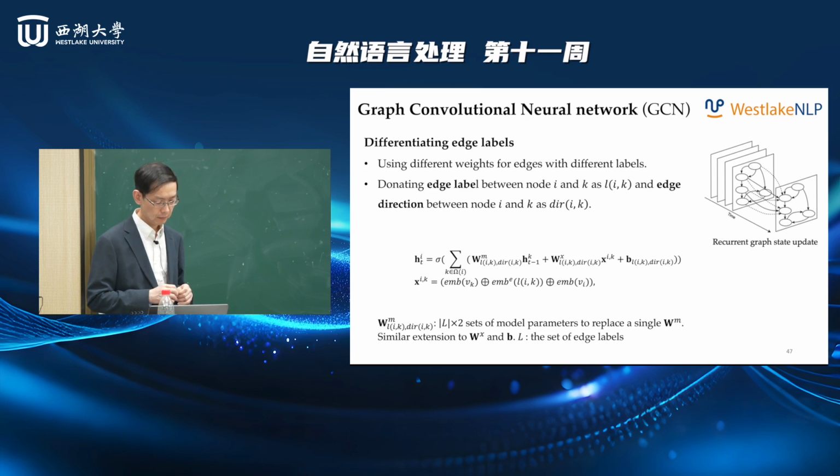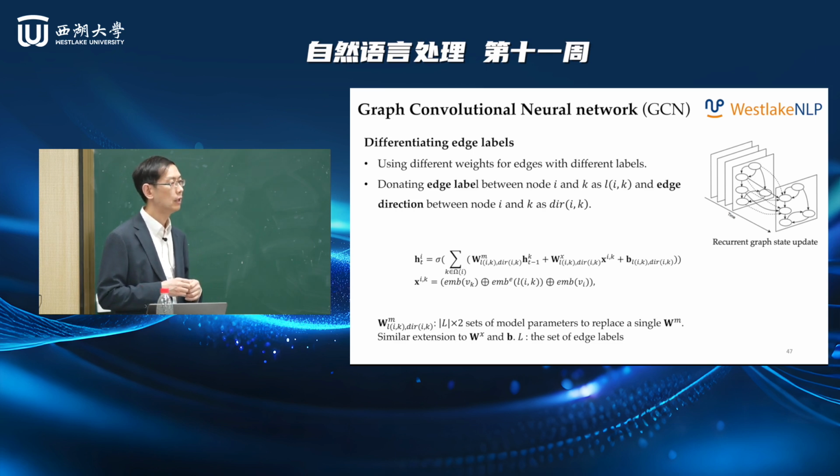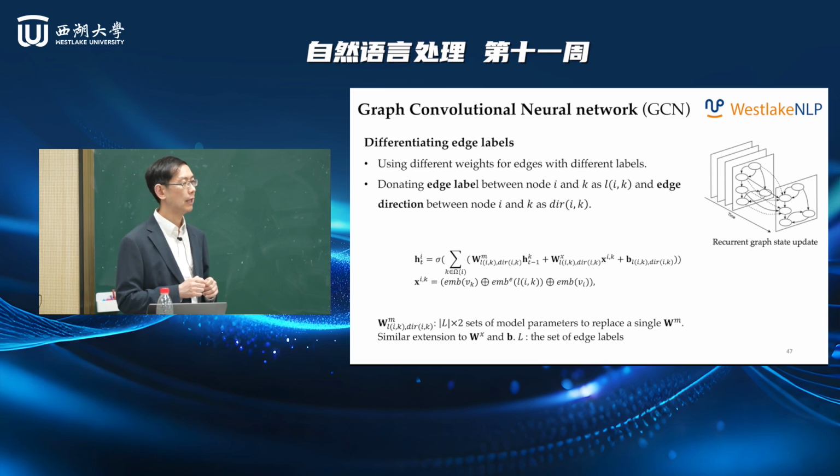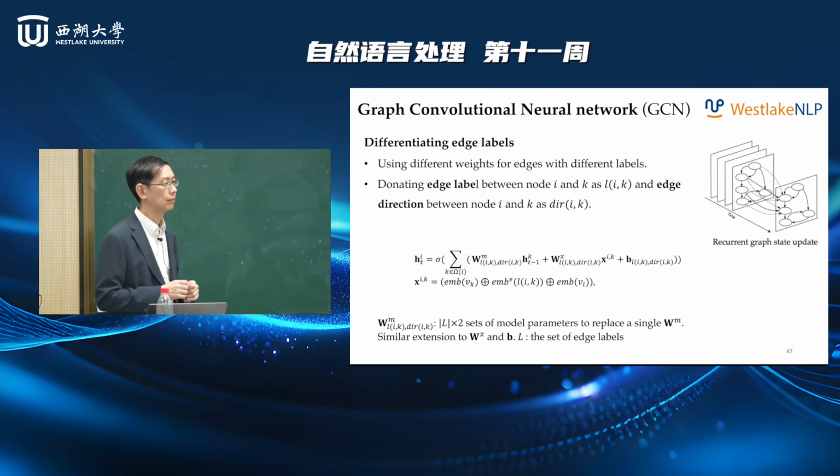So for each neighbor, h_k^{t-1}, where k is an index in omega i, the neighbor, I apply a different weight matrix Wm. So basically I can have a lot of versions of Wm, each version for a unique edge direction and edge label. Okay? So when I multiply h_k^{t-1} with Wm, I will retrieve the Wm that corresponds to the edge label and edge direction.